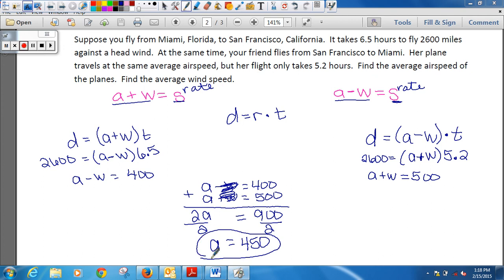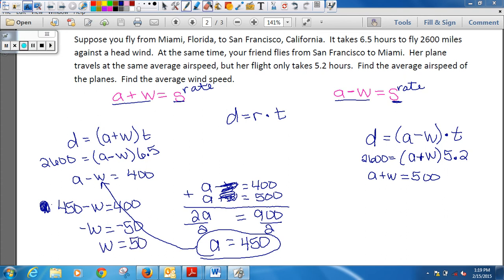I'm then going to sub that into one of the equations. It doesn't matter which one. Let's say I sub it into this one over here. And I would get a is what we already have, 450 minus w equals 400. I'd get negative w is equal to negative 50. So w equals 50.